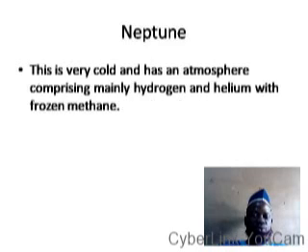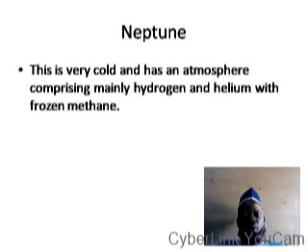Then the next one is Neptune. Neptune is very cold. The farther we move away from the sun, the colder the planet. It has an atmosphere of hydrogen and helium, but the methane that is present in Neptune is frozen, since it is an extremely cold planet.